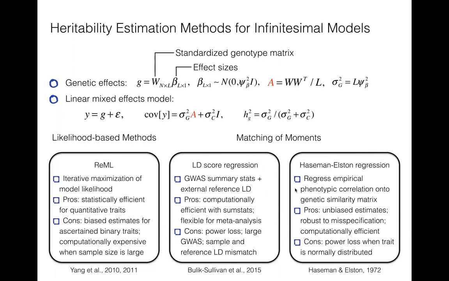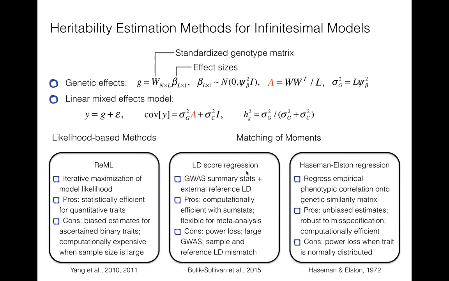There's a second class of statistical methods, the moment matching methods, that can be used to estimate the heritability. This class of methods includes the very popular LD score regression, which doesn't require the individual genotype data, but only needs the GWAS summary statistics plus some external reference panel to estimate the linkage disequilibrium between SNPs.